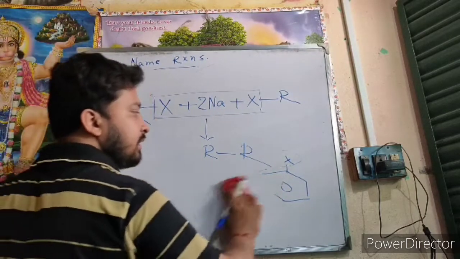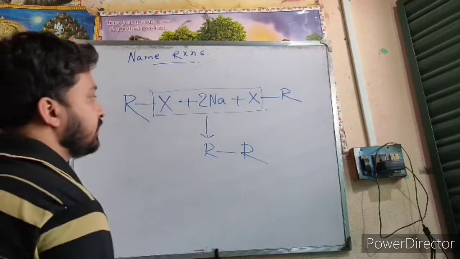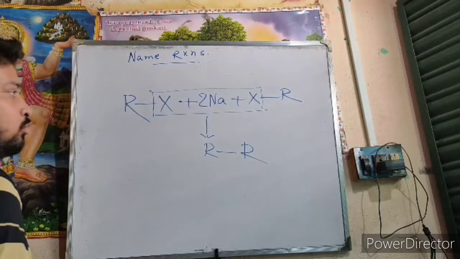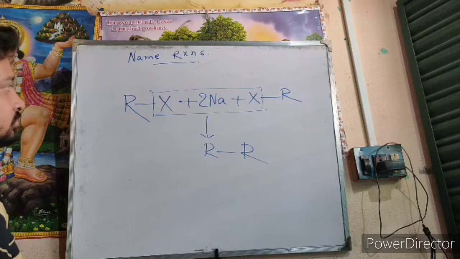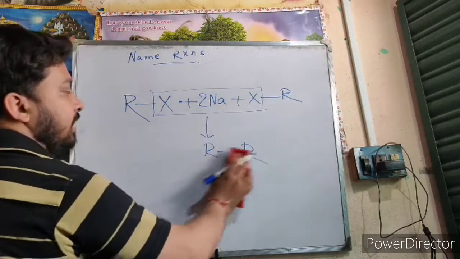I have discussed it has a name, and I will discuss it next. So this is the Wurtz reaction. RX and RX react with Na, so you get R-R as a product.